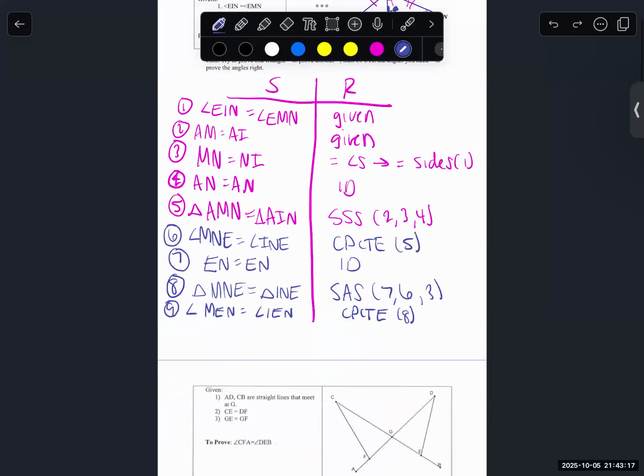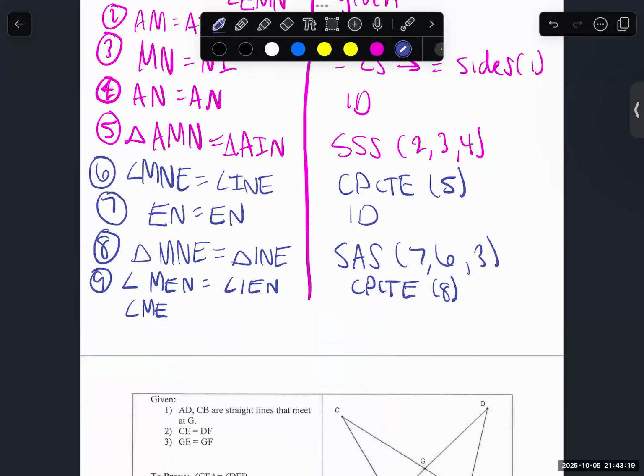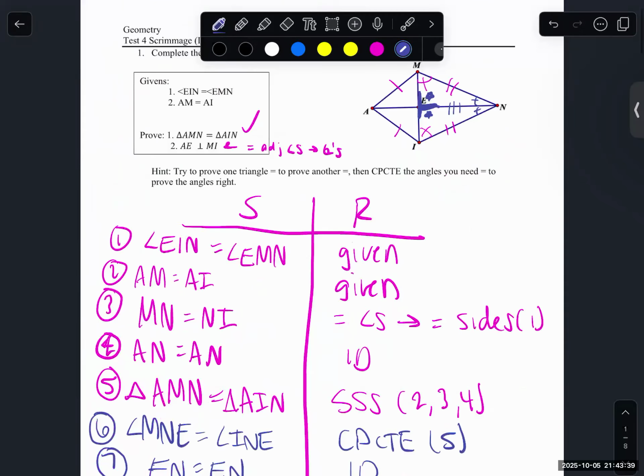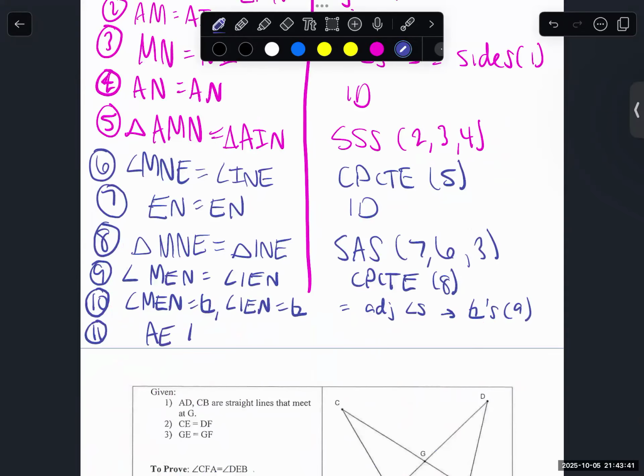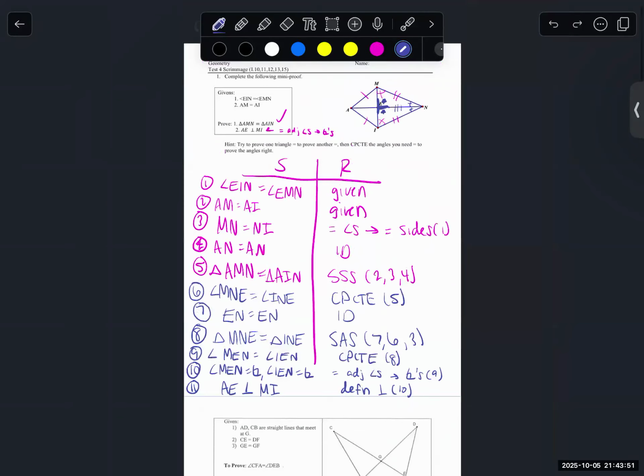So I can say that MEN is equal to a right angle and IEN is equal to a right angle by equal adjacent angles imply right angles. That's by line 9. And then therefore, because they're right angles, AE has to be perpendicular to MI by the definition of perpendicular. Because if the angles are right, then they're perpendicular. So that's how you would do that proof.